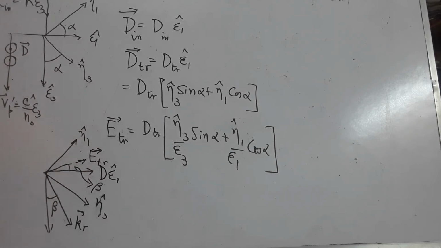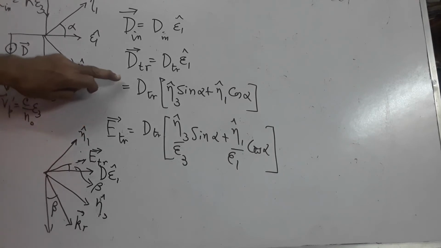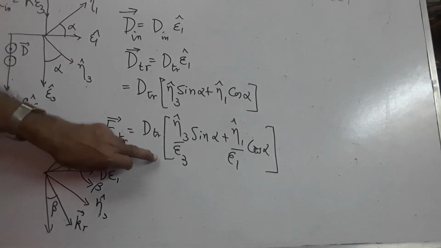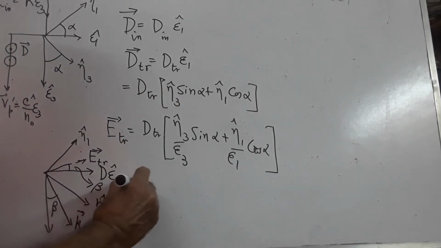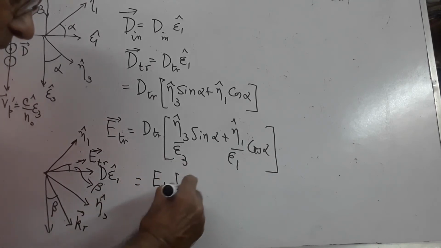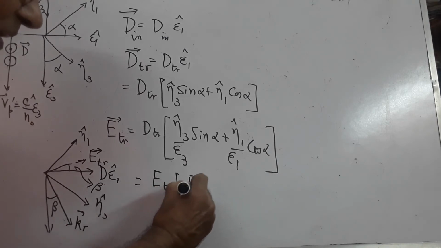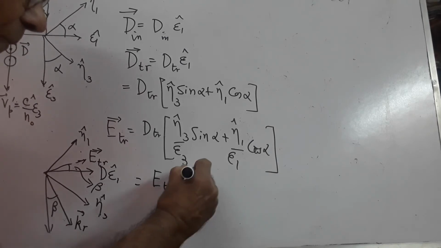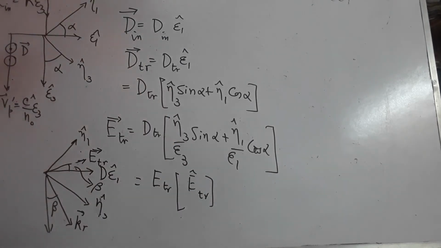I can evaluate beta because I know D, this is a unit vector. I have to convert this into a unit vector. It will be E times a unit vector, E transpose cap, which I will write here.